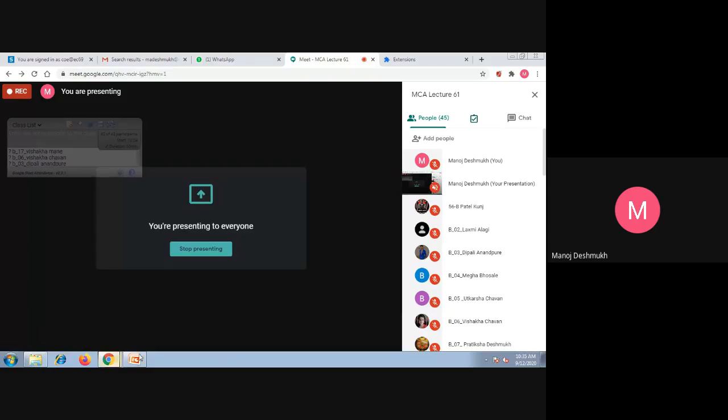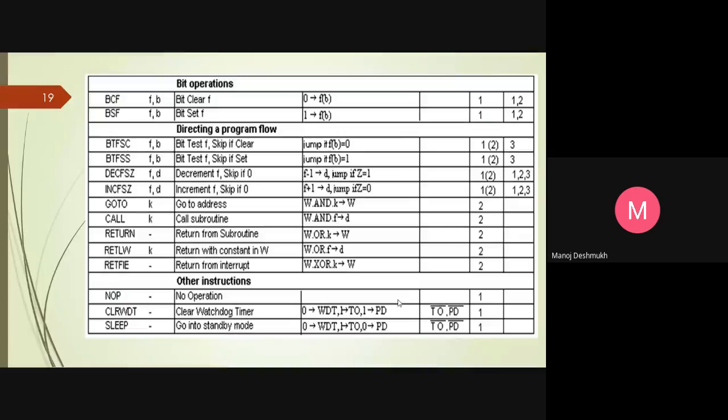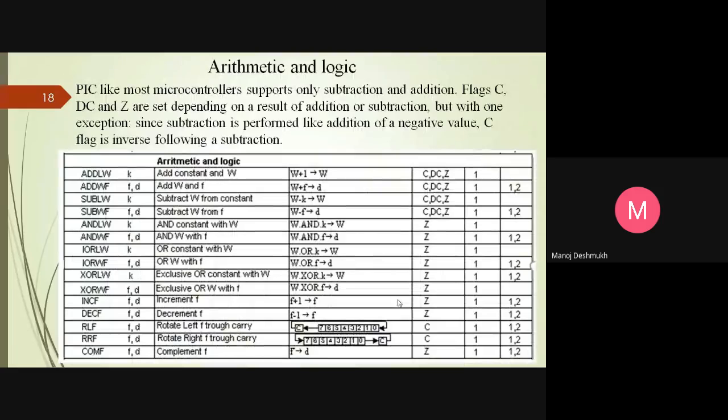Okay, go ahead. What else do you have? So as far as data transfer is concerned, we have completed it, and I don't have any question to ask on the arithmetic, addition and subtraction instructions. With this, I want to give a message to all of you.